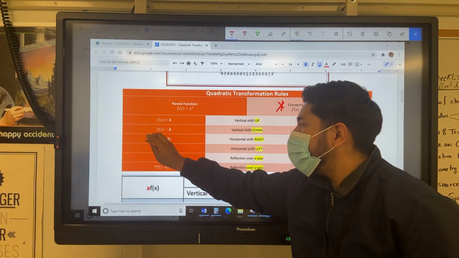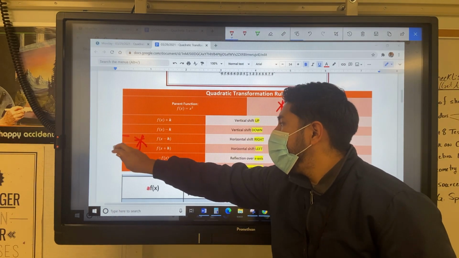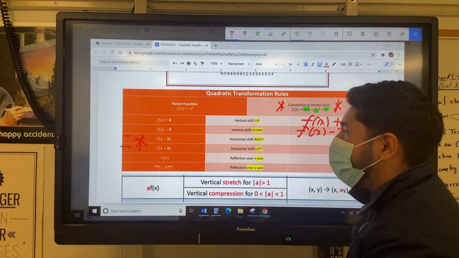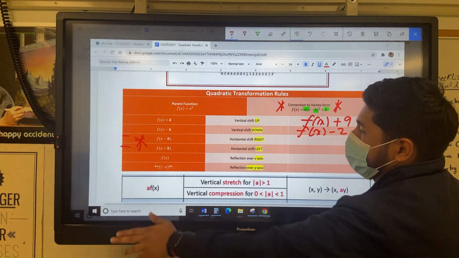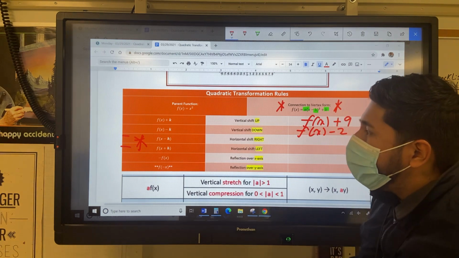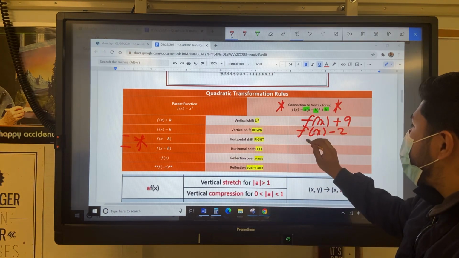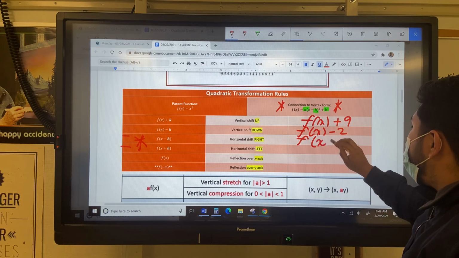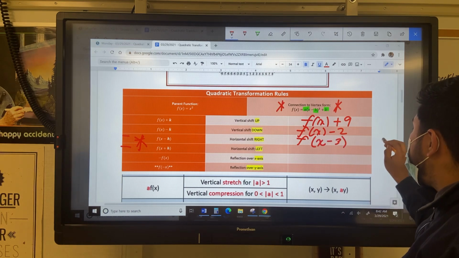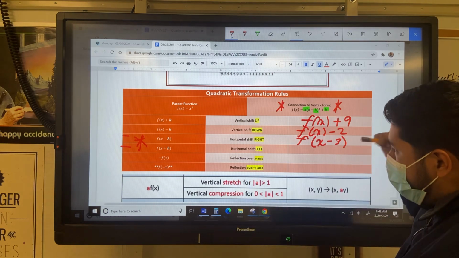Be careful for these next two. Be very careful because right here it says minus and plus, but right is the positive numbers and left is the negative numbers. So just make sure you pay very close attention. Example of that would be f of x minus 3. This is telling me I'm going to the right.